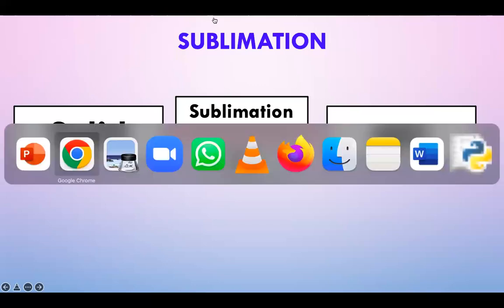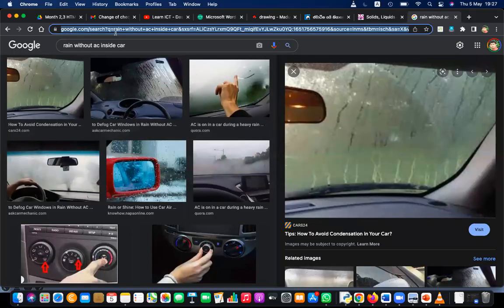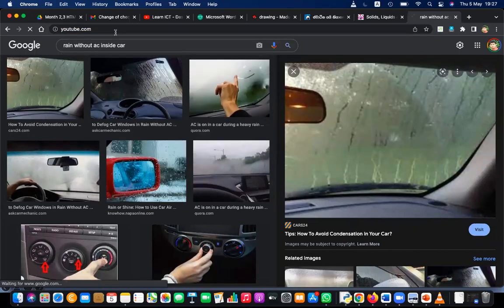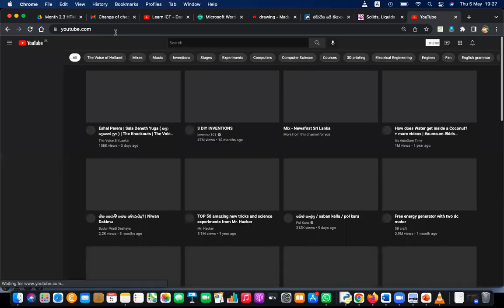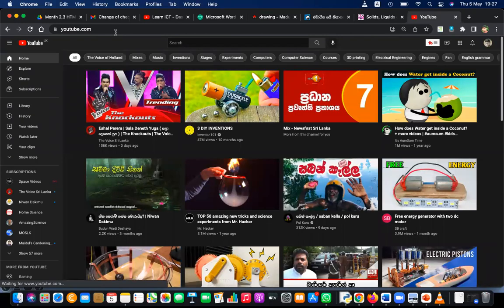Okay, let me show you this dry ice experiment. It's possible to create dry ice using fire extinguishers. When you use a cloth and open the fire extinguisher into the cloth, due to the pressure, dry ice will be collected in the cloth.